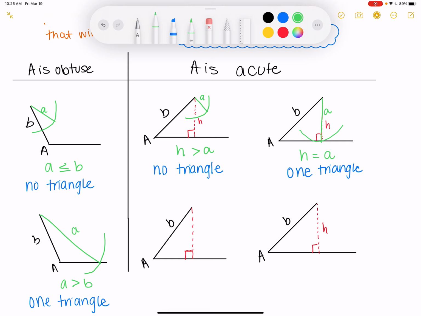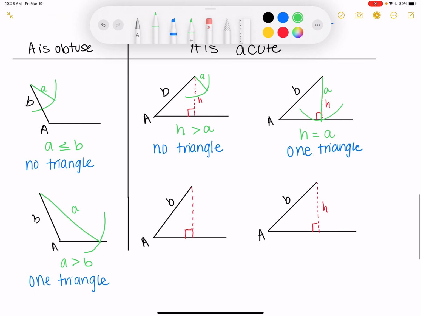All right, let's see the next one. We're actually going to do this one on the right side first, and then come back to this one. I need to extend this one a little bit farther.